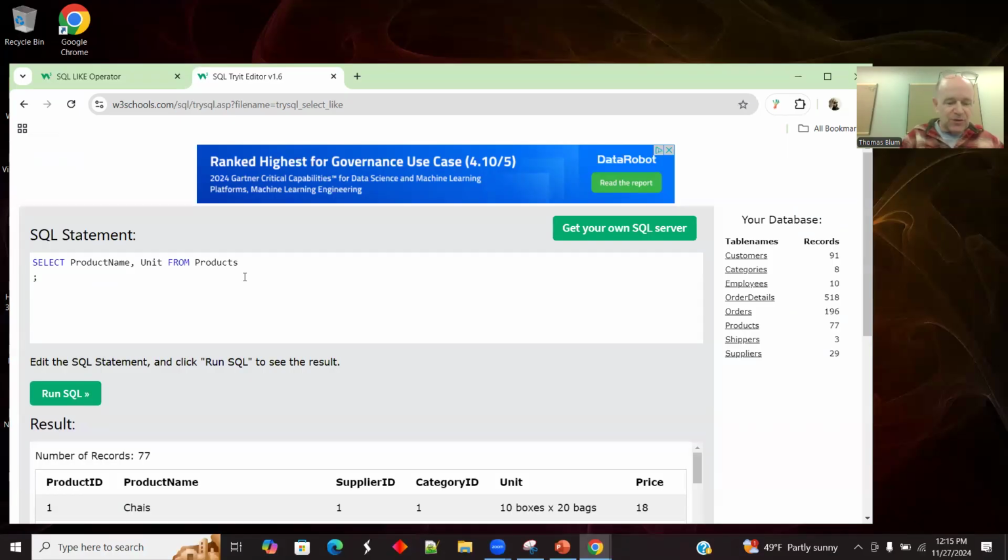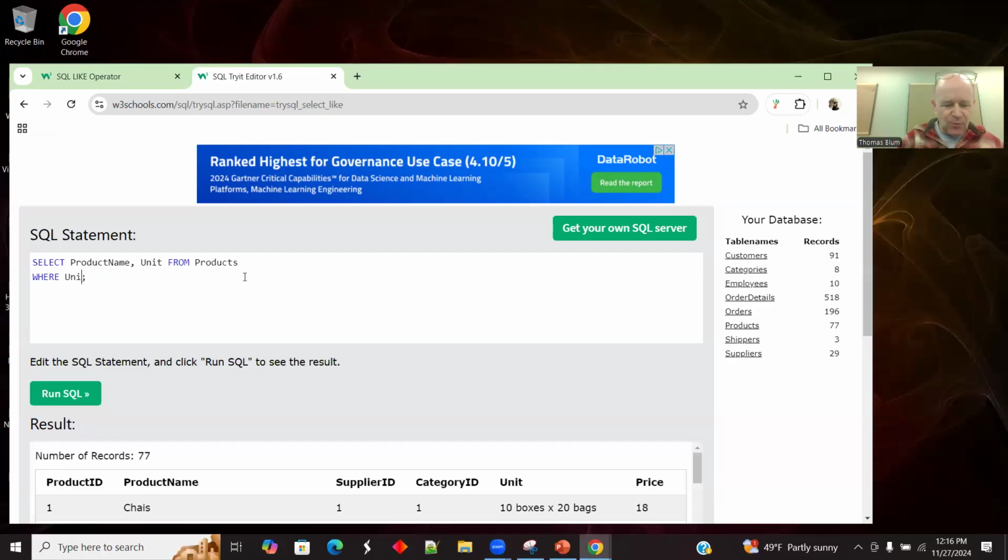And then we want to do some where, and we're going to be combining the concept of like and or. We're not looking for the whole unit, but something in the unit. So that's like, but we want either bottles or jars, so that would be an or.